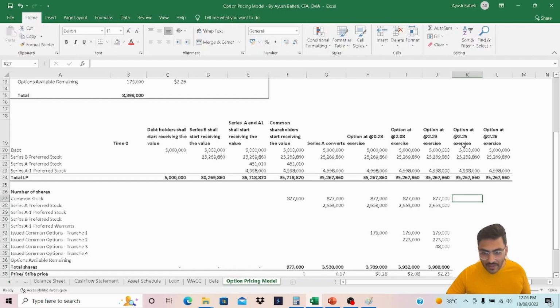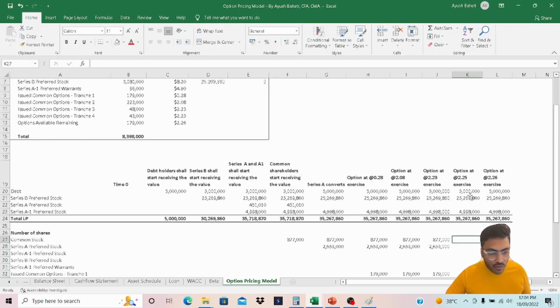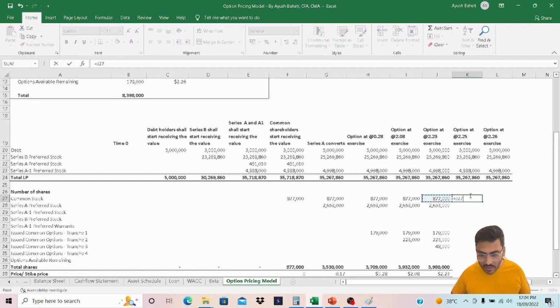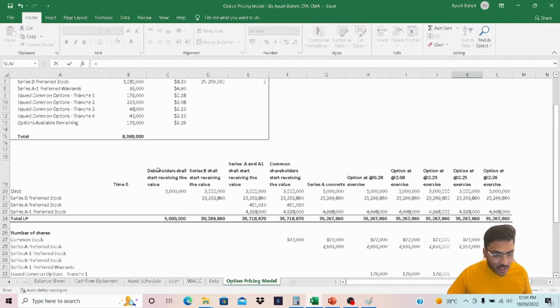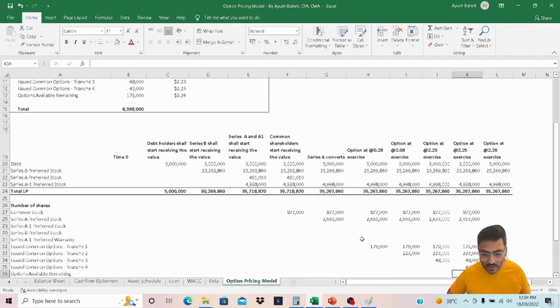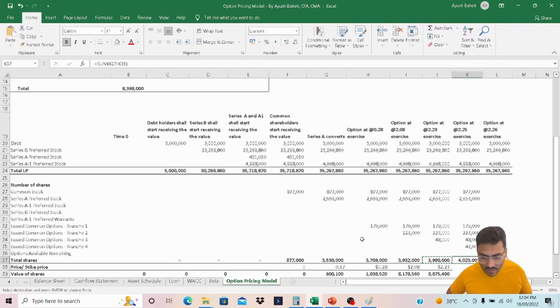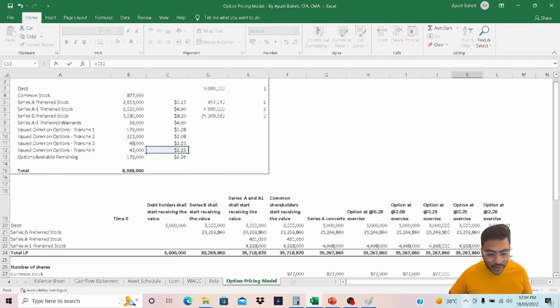Now the price has increased to 2.25 and tranche 4 will also start receiving value. So I'm linking this, and at this stage tranche 4 number of shares is 43,000 and the value of share is 2.25.